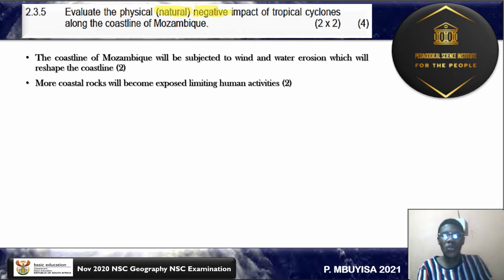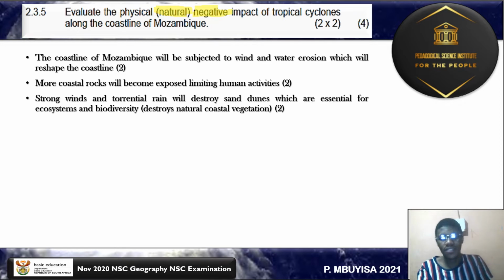And again, more coastal rocks will become exposed, limiting human activities. Strong winds and torrential rain will destroy sand dunes, which are essential for ecosystem biodiversity. Remember, we're looking at the natural negative impact. So if we had sand dunes that have animals living on them, because of these strong storms the biodiversity is going to be destroyed.